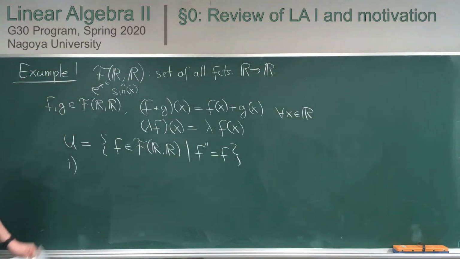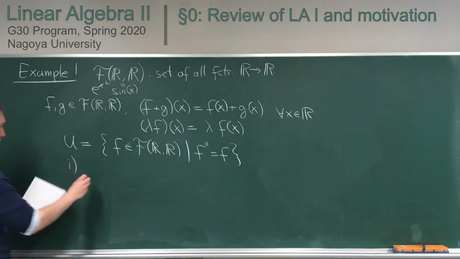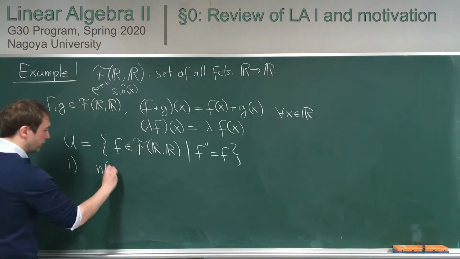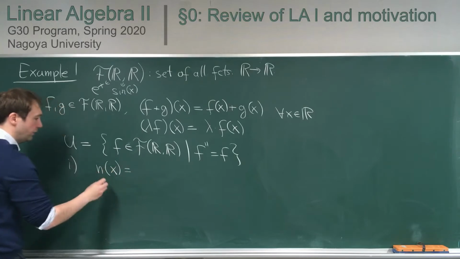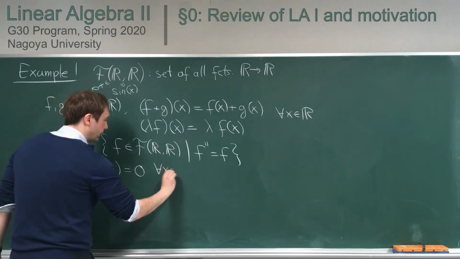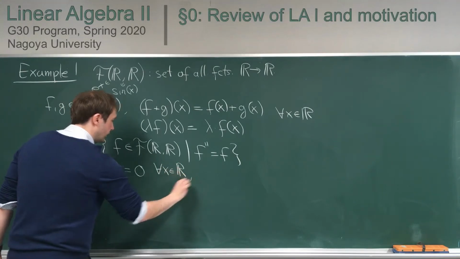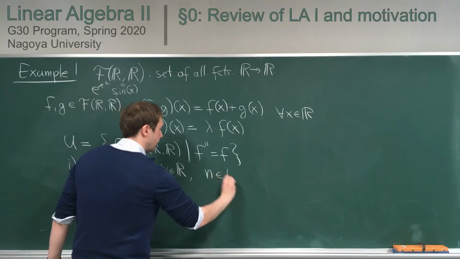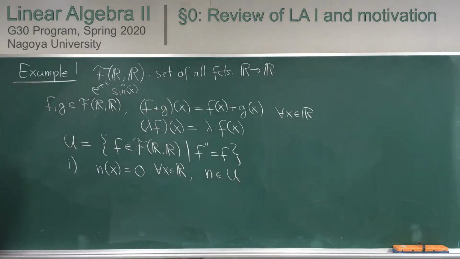So one trivial example is the zero function, which I will denote by n. So n of x, the zero function, means that this is 0 for all x in R. So if I define a function like this, then we can see that this n is contained in this set.